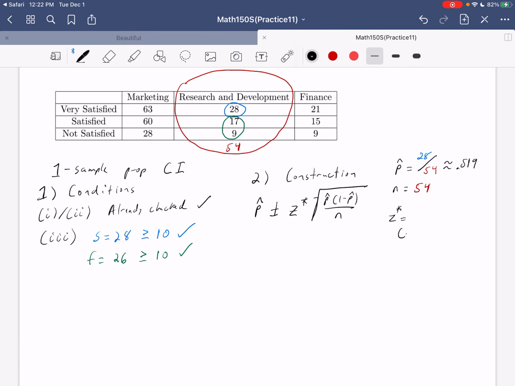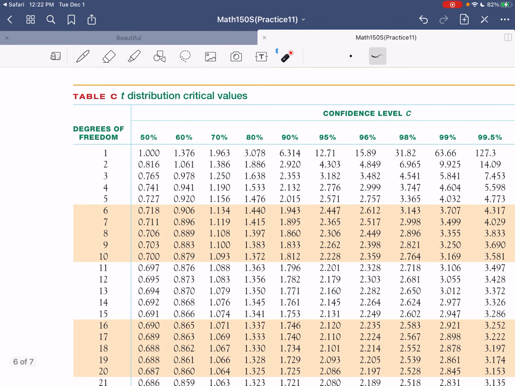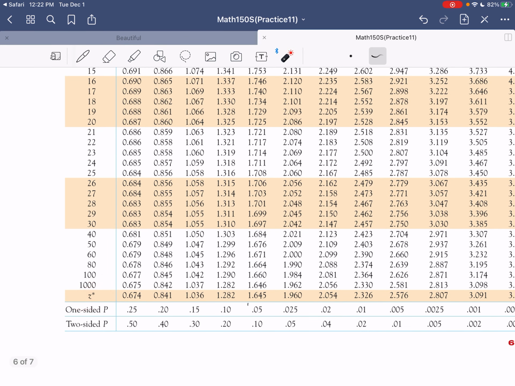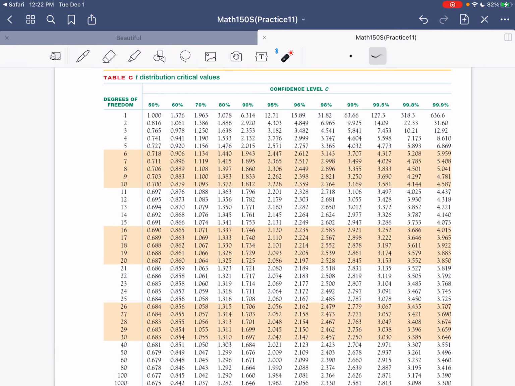So let's go ahead and do that. You might already have these sort of memorized for z star, but let's just go ahead and check. So z star and 95%. So we're just going to intersect the z star and the 95%. So table C is right here. So z star is at the bottom. We'll have to zoom out a little bit more.